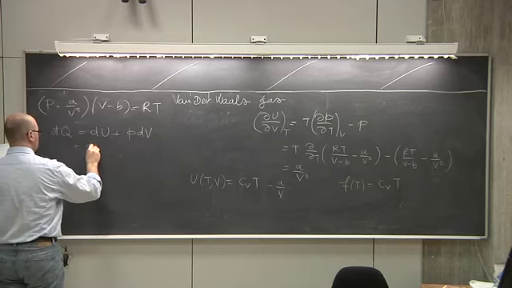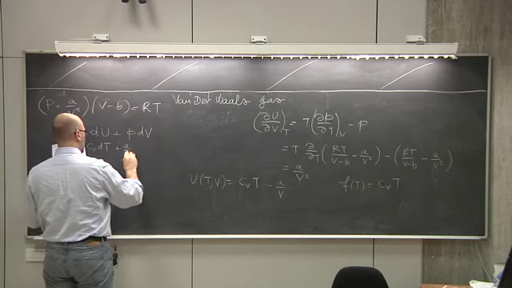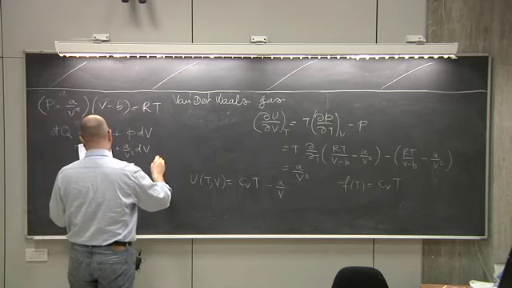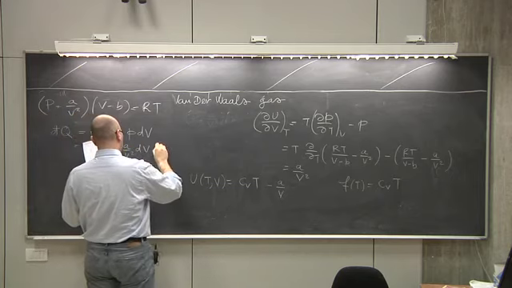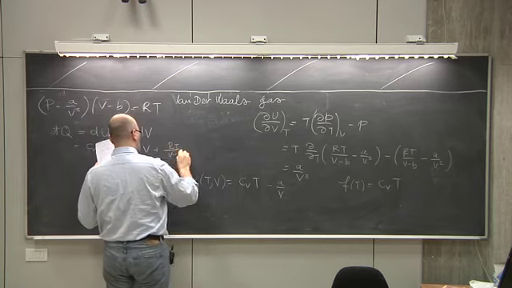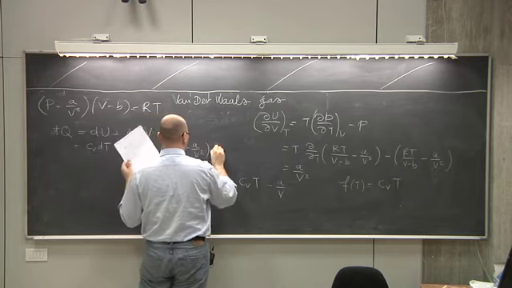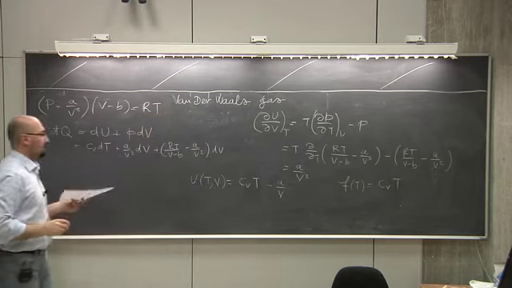So this becomes Cv dT plus A over V squared dV plus RT over V minus B dV minus A over V squared dV. Okay.